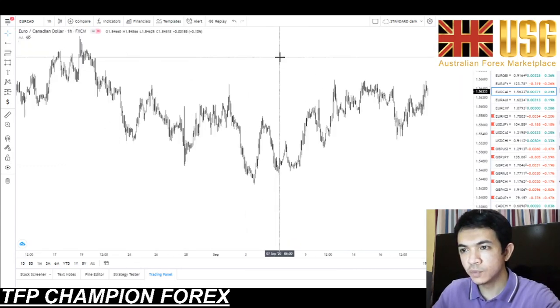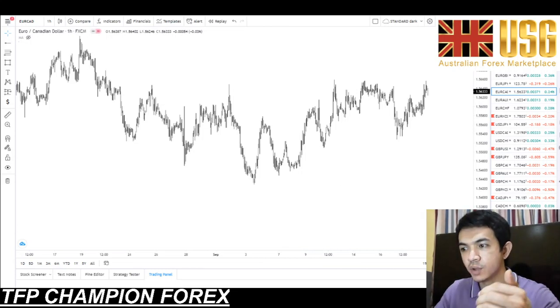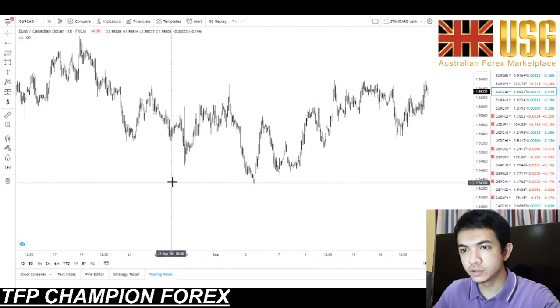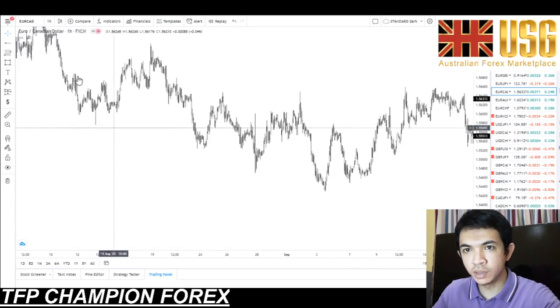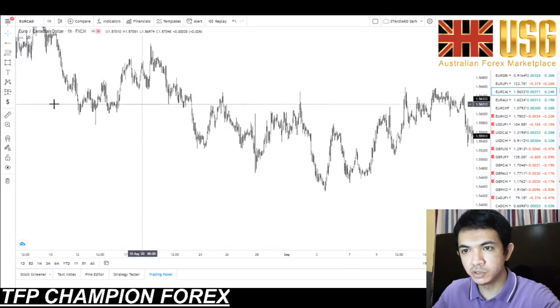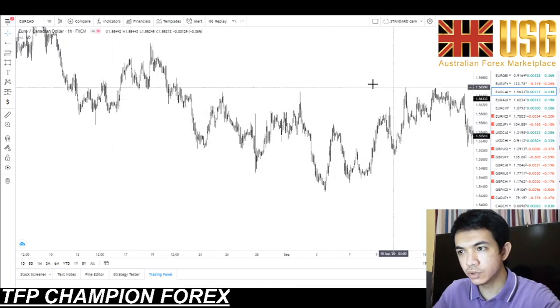So I will now mark my key resistance level and key support level zones. In terms of market structure, the previous support got broken and now becomes new resistance.